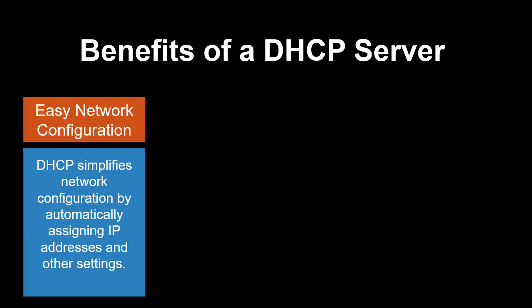Now, there are benefits for setting up the DHCP server. One is ease of network configuration, where DHCP simplifies the network configuration by automatically assigning the IP addresses and other network settings. So it takes the burden off the shoulders of the network administrator.